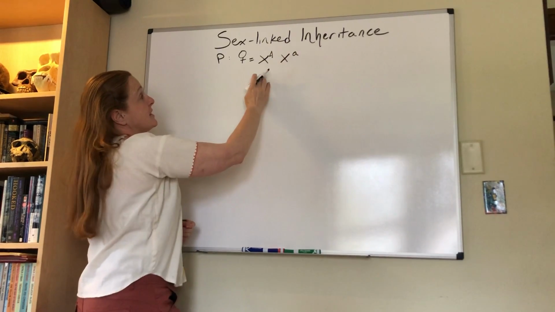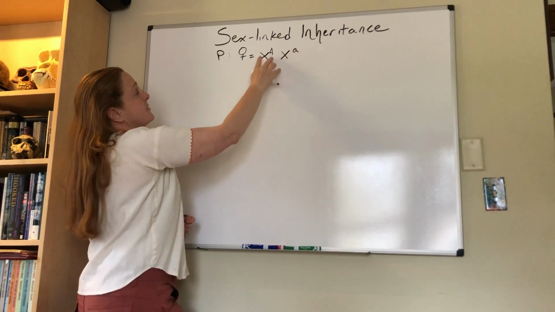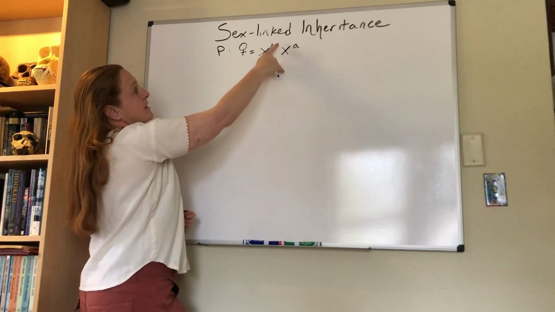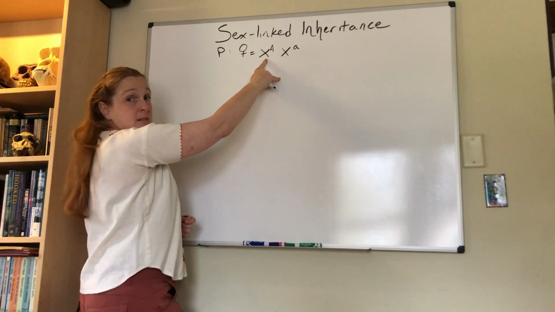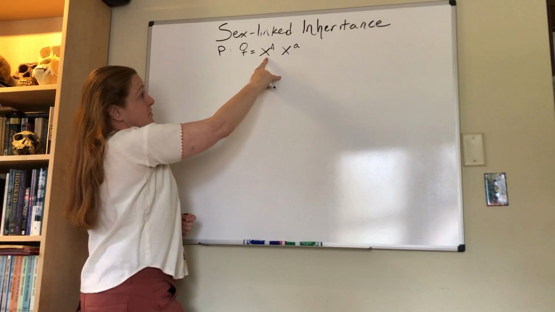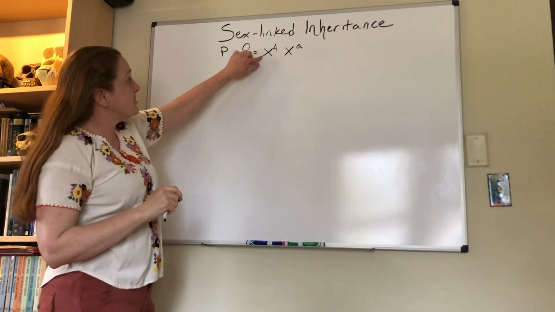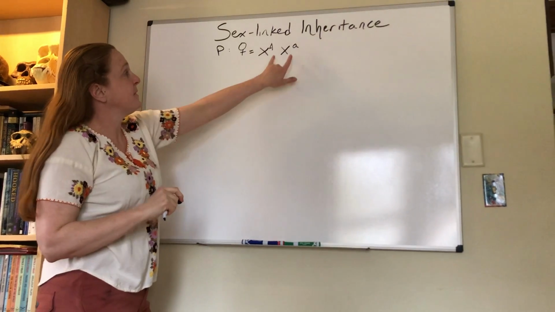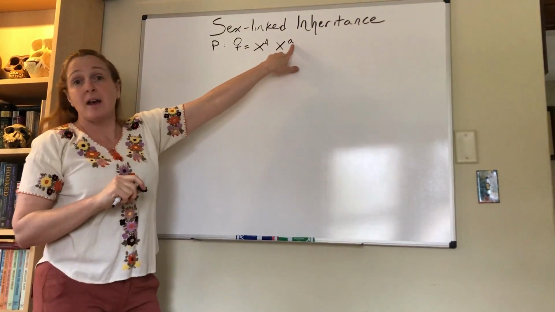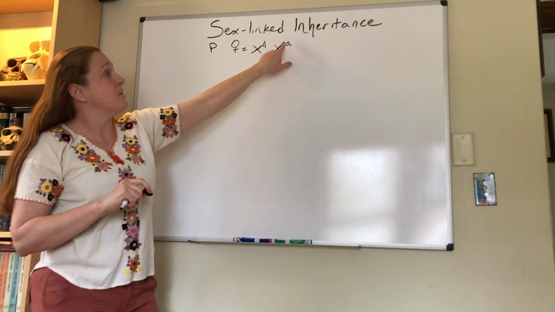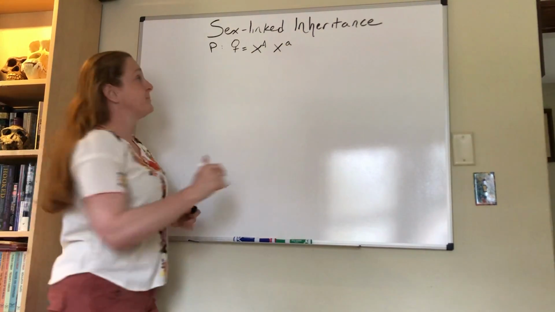Remember, when I'm writing that genotype, after I communicate that I've got the sex chromosomes, I put a letter assigned to that sex chromosome. In this case, it's a capital letter communicating that this X chromosome has a dominant gene. On this X chromosome, I have a lowercase letter. This is communicating that this X chromosome has that recessive gene.